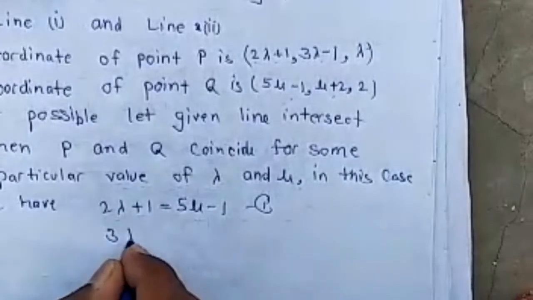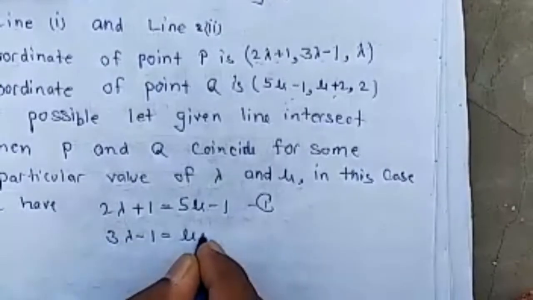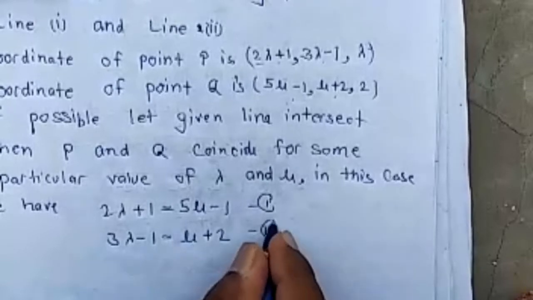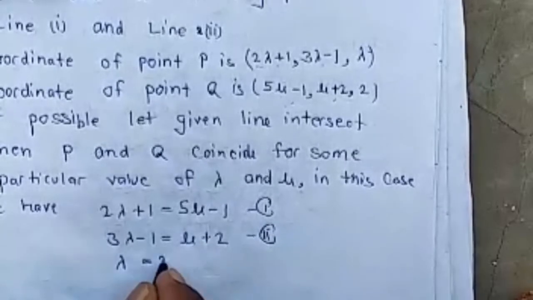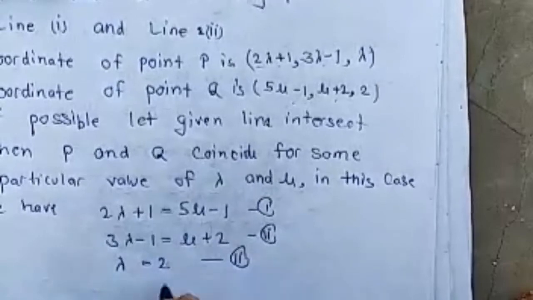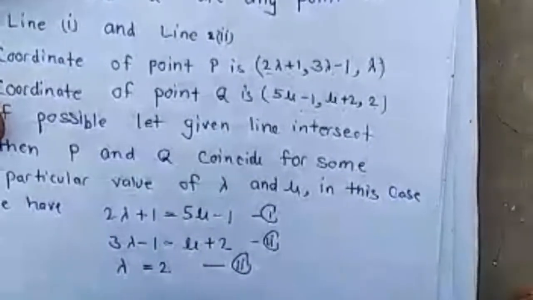So we get 2 lambda plus 1 equals 5 mu minus 1, the first equation. The second one is 3 lambda minus 1 equals mu plus 2, and the third is lambda equals 2. Put lambda equal to 2 in the first equation to get mu.